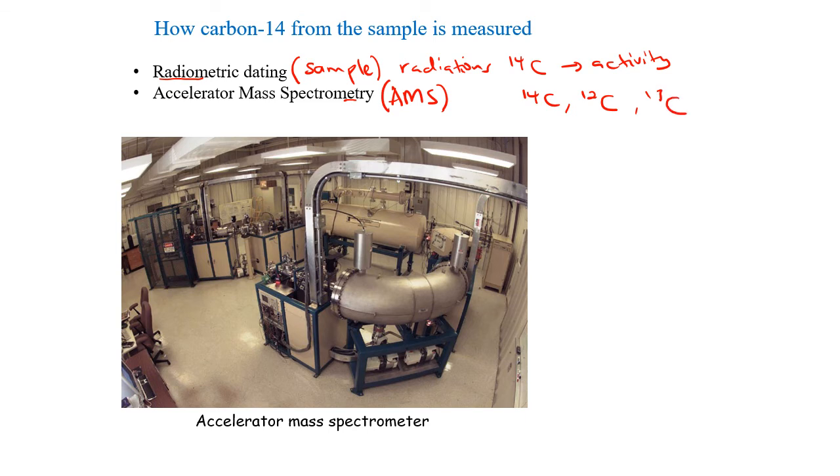So all these are separated in terms of masses, and man can be able to determine how many atoms of carbon-14 are present and how many atoms of carbon-12 are present. So using the theory that for a living organism, carbon-14 to carbon-12 ratio is constant, man can be able to work backwards and determine the age of that given sample.